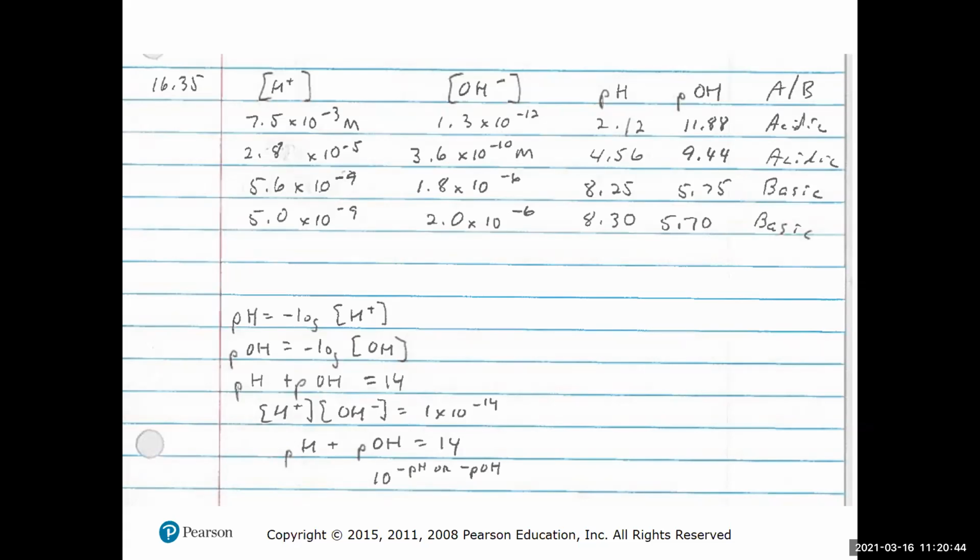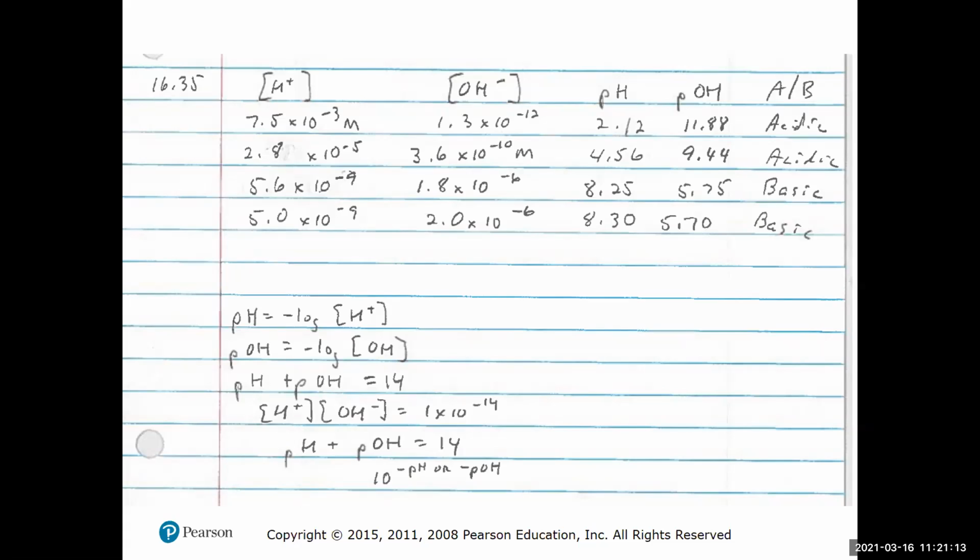Well, there's 4 relationships that you need to remember to be able to fill in this table. And so let's just talk about what those are. The first is that pH is minus the log of the hydrogen ion concentration, okay? pOH is minus the log of the hydroxide ion concentration.